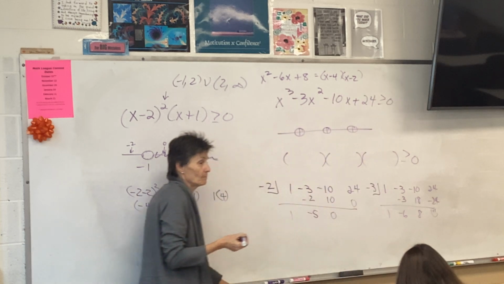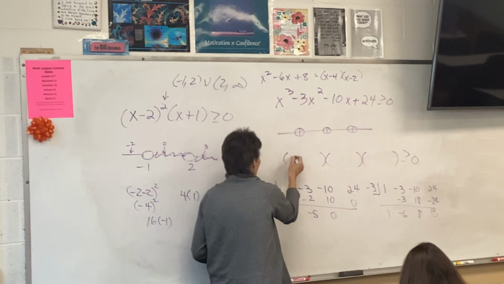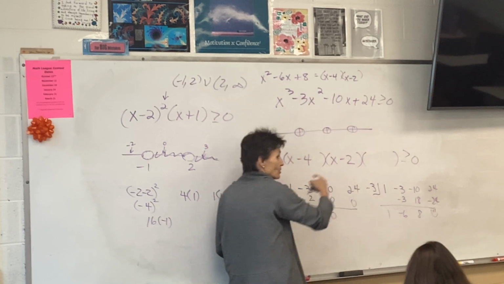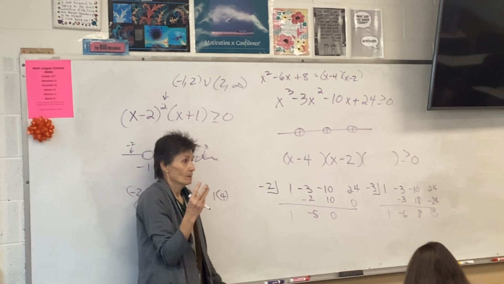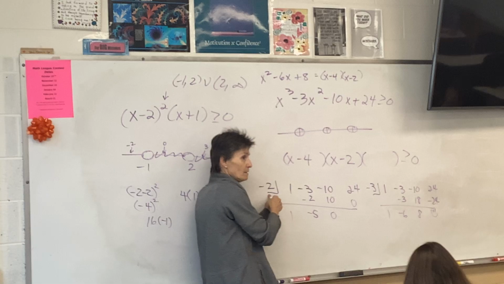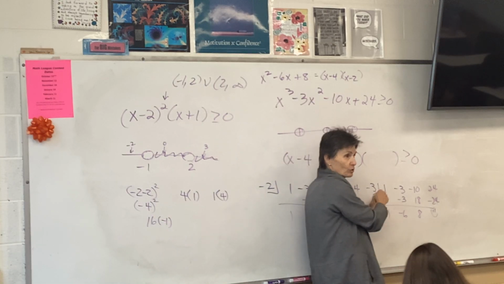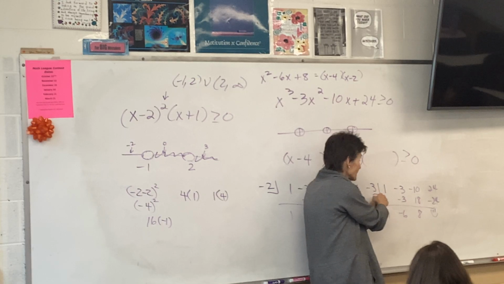What do you think? So, those are factors of my problem, x minus 4 and x minus 2. But remember, I'm supposed to have 3. The third one is the one we guessed. Now that is the dot.